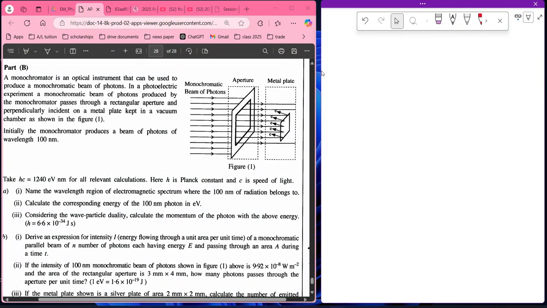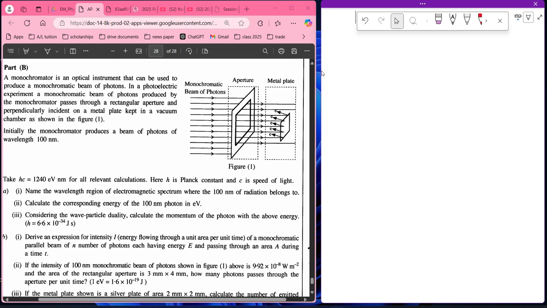So this is used mainly in conducting experiments to identify the photoelectric effect of Einstein. This monochromator produces monochromatic beams in order to conduct the experiment in relation to the photoelectric effect. I hope you understand the reason behind this experiment.